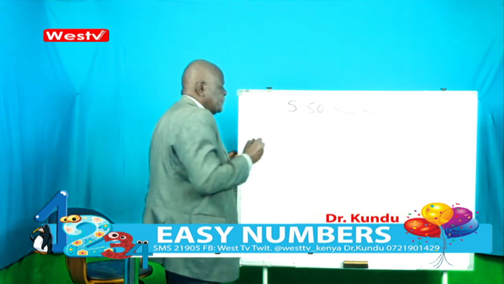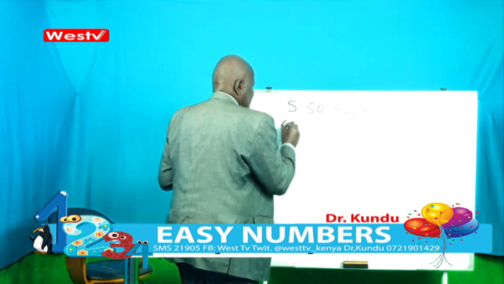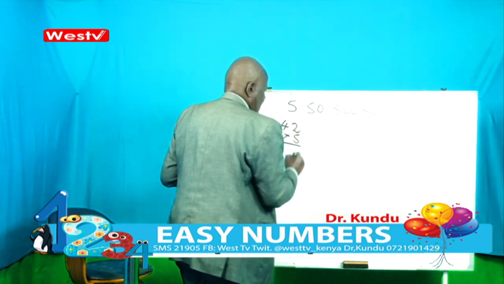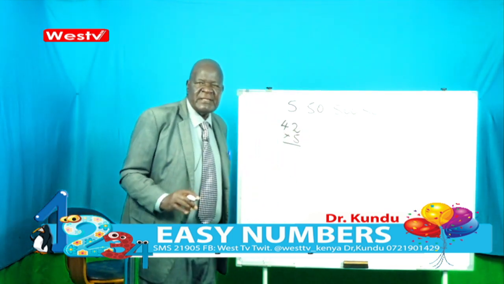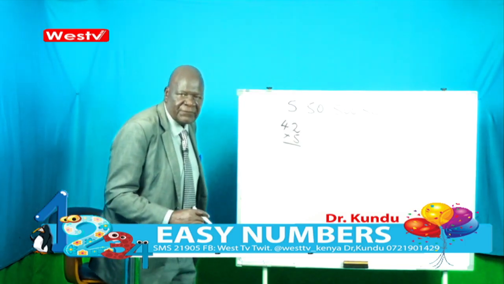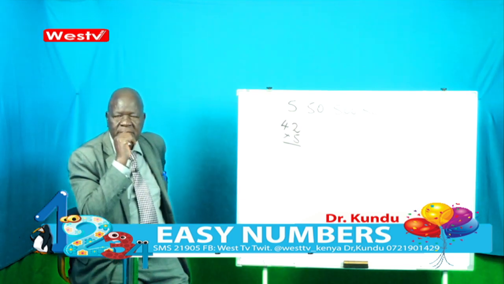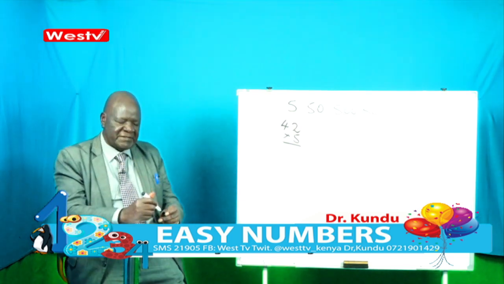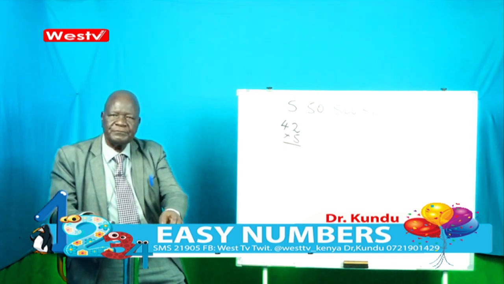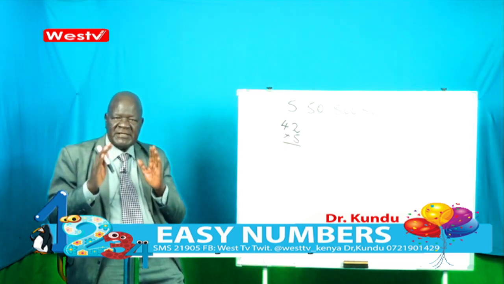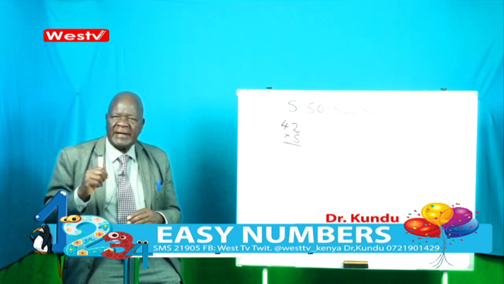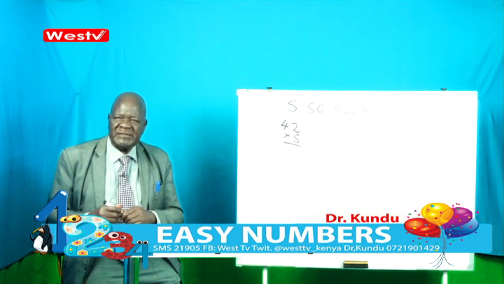So let us suppose we are dealing with 42 to multiply by 5. And anybody can see that number at a glance if you know the trick. So write down this sentence. When multiplying any number by 5, just divide the number by 2 and then add as many zeros as the number of digits in the 5.